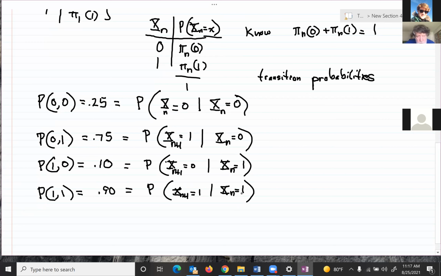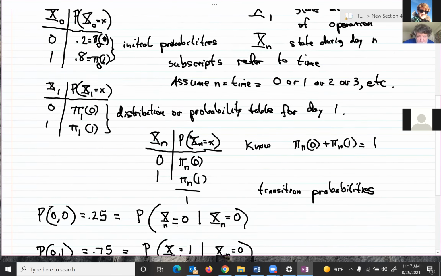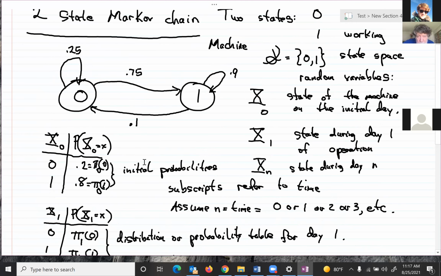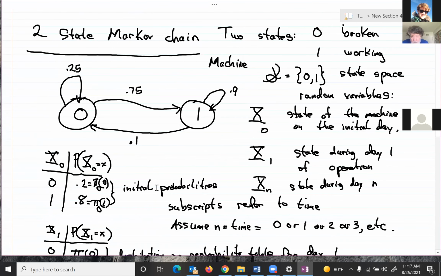Now, in general, for the 2-state Markov chain, these probabilities are given simpler names. So usually the 0.75 is called P. And then this would be what? 1 minus P, right?